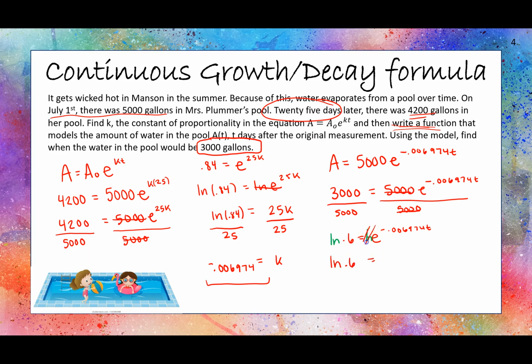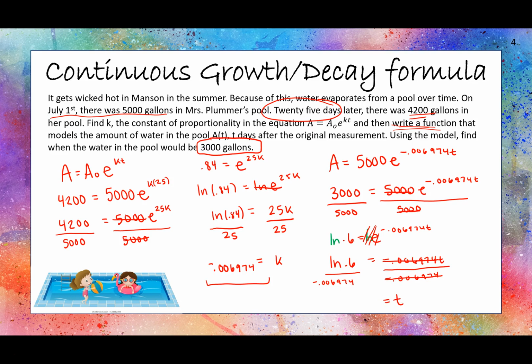Okay, now my ln and my e cancel, and I'm just left with a negative 0.006974t. And my last step is going to be to divide by negative 0.006974. These are going to cancel, and I'm left with just a plain old t equals.